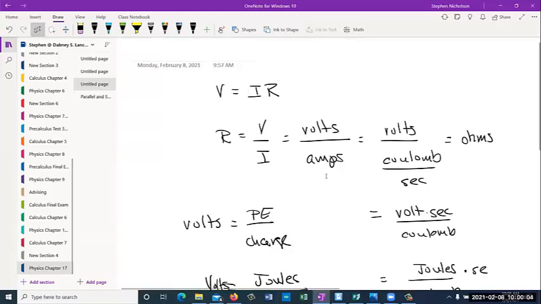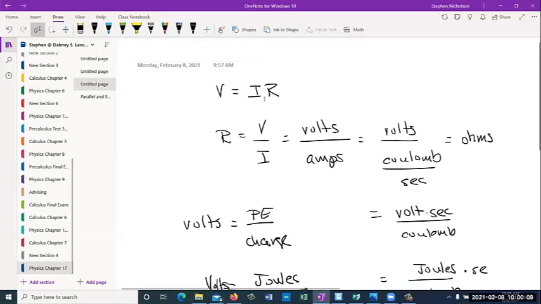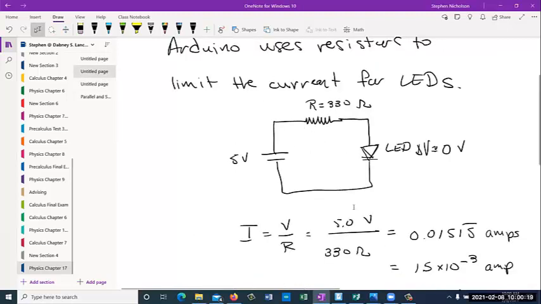So if we go back to this question, if I take the current here, 15 milliamps, you can go to a voltage versus current curve for an LED, and from that current you can calculate the delta V across the LED, which is about a half a volt, I think. So in reality, you get 4.5 volts across the resistor and about a half a volt across the LED.